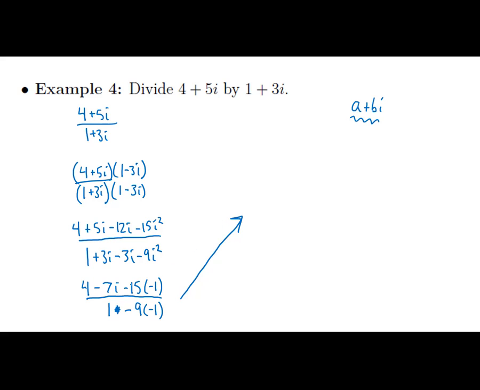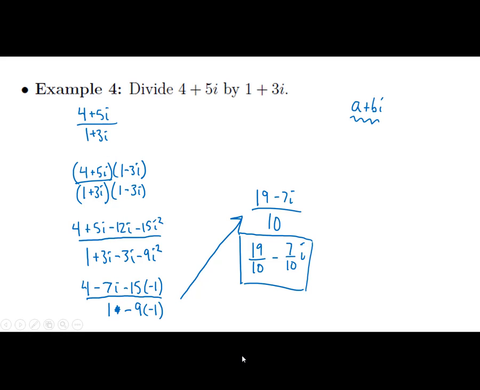And so -15 times -1 is positive 15, so this becomes 19 for the real part on top, minus 7i, divided by 10. And then to really put it in that form, I could change this to 19 over 10 minus 7/10 i. And so there would be my result of dividing these two complex numbers.